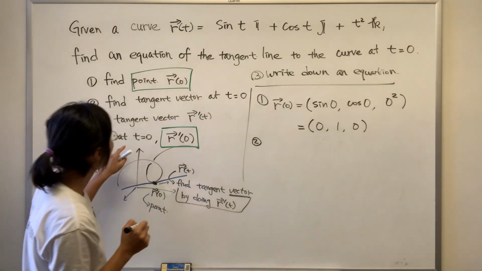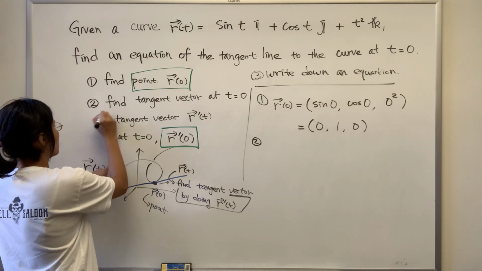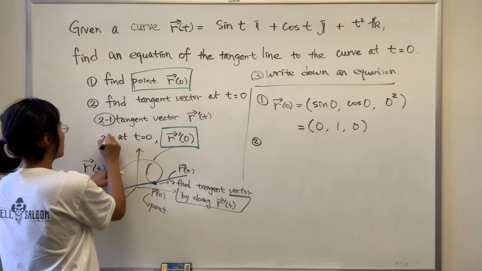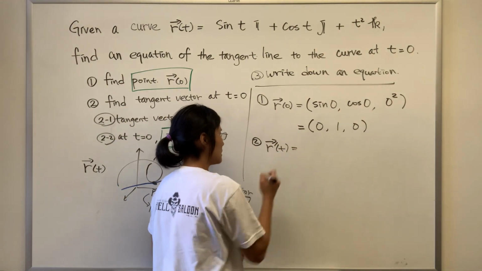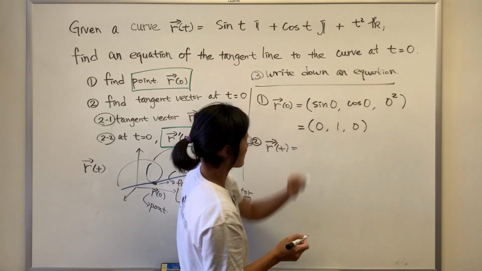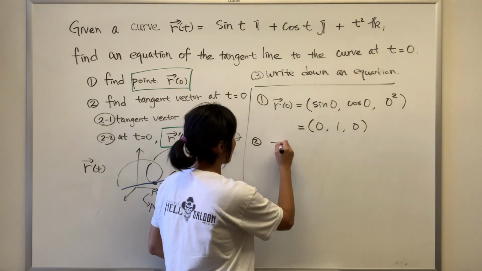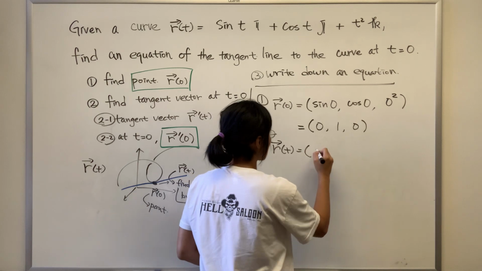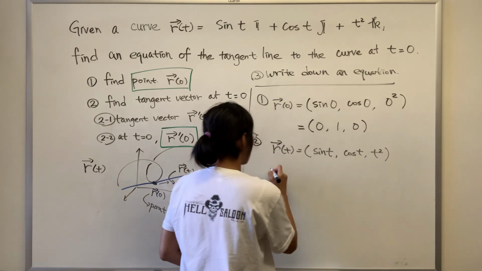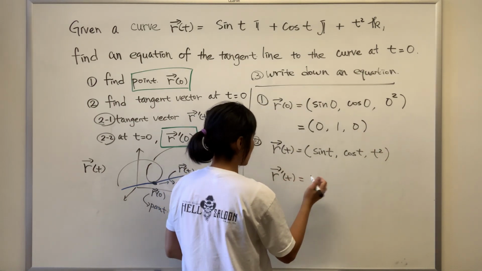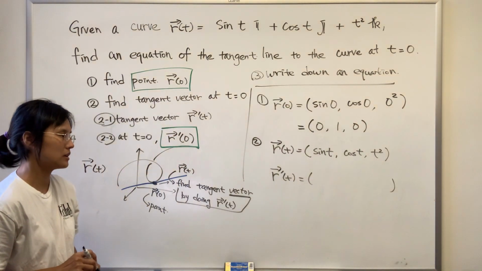Number 2 has two halves. First, I find r'(t), so I need the derivatives of these components. Let me write down r(t) first so you can see the comparison. r(t) is sine t, cosine t, and t squared. Now I want r'(t), the derivative of each component.